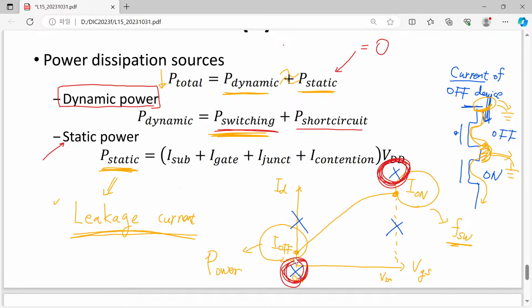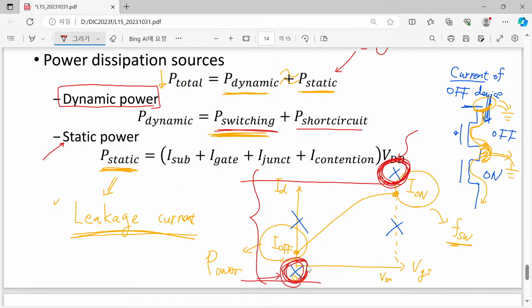If we can achieve this, then we can operate our system quite fast, and the static power consumption can be really minimized. So we want a much larger distance between this on current and off current.